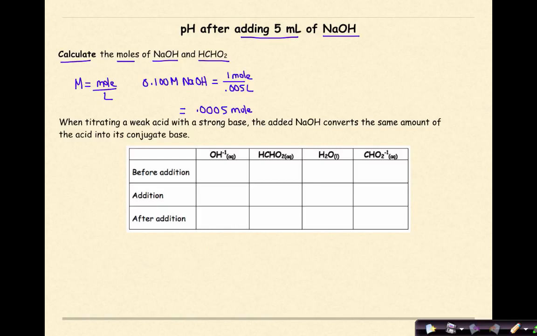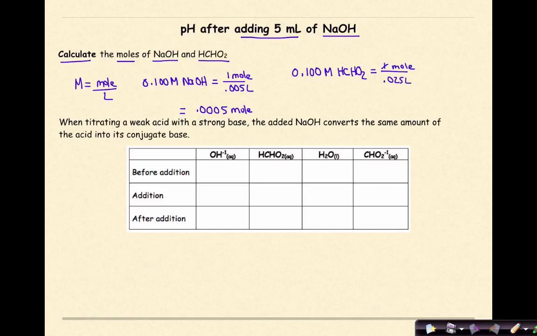I'm going to do the exact same thing for my formic acid. But in this case, when I get to the volume part of it, I know that from what is stated at the very beginning of the problem, that I'm working with 25 milliliters. So instead of having 5 milliliters, my volume on the bottom is going to be 0.025 liters. And again, I'm solving for moles.